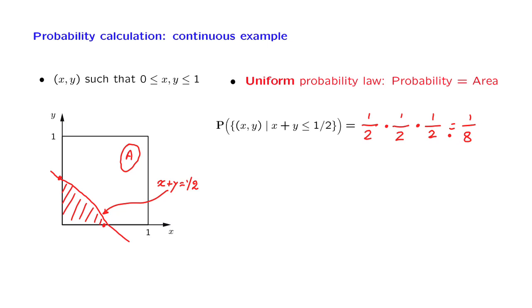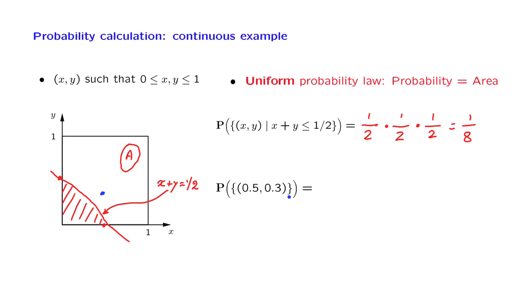Let us now calculate another probability. Now this is an event that consists of only a single element. We take the point (0.5, 0.3), which sits somewhere here. The event of interest is a set, but that set consists of a single point.